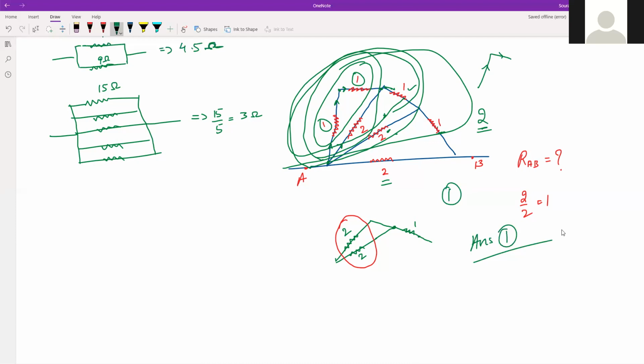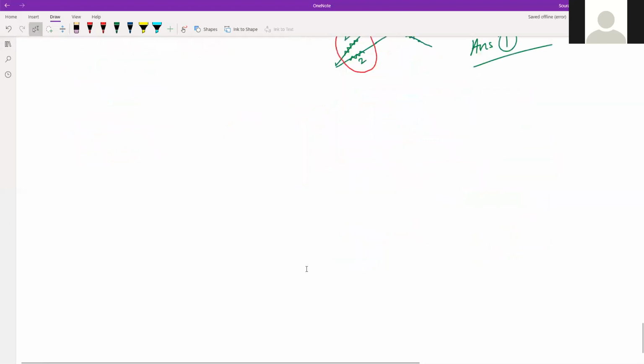Otherwise, if there is no division in current, then that means the two resistors are in series. Okay, so that is how we are going to identify whether two resistors are in series or parallel.